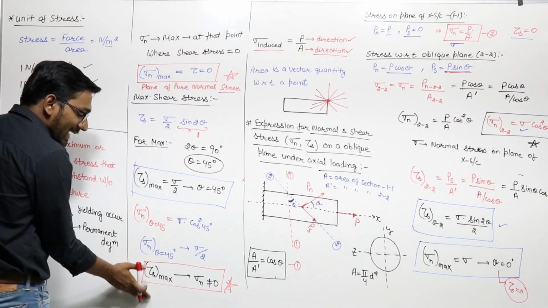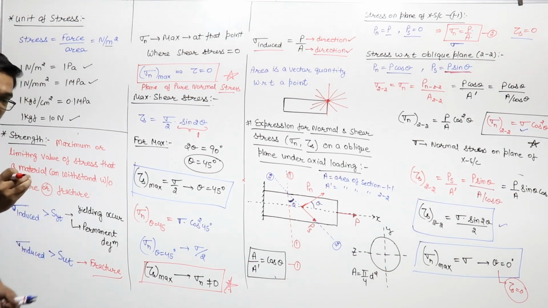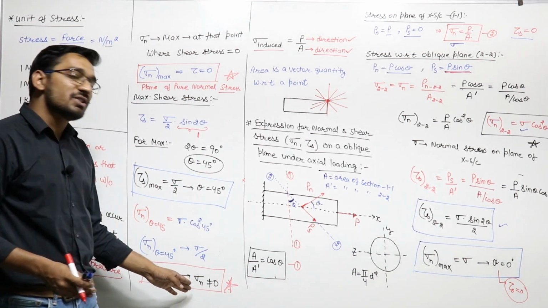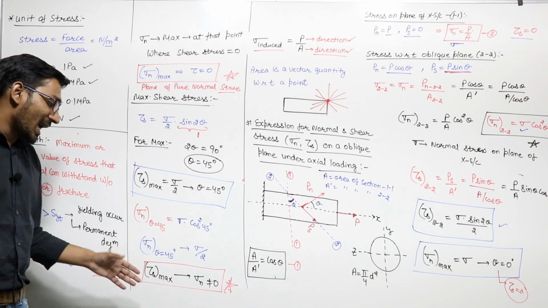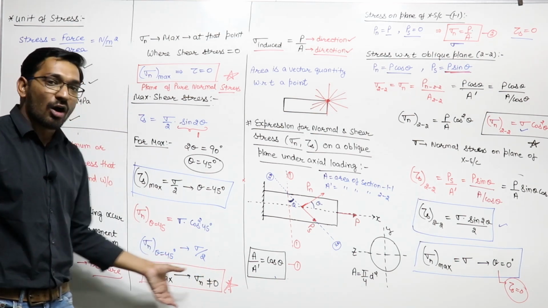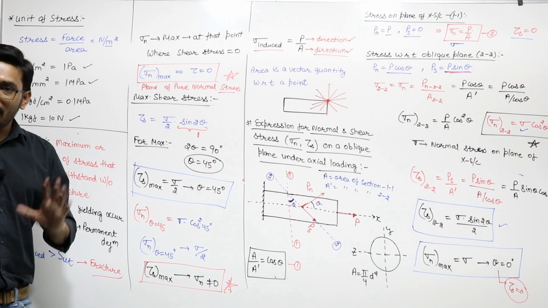But in this case, where shear stress is maximum, in this case normal stress is not 0. So I can say that this is not the plane of pure shear. Right?